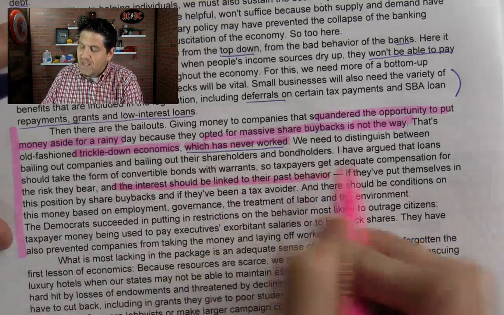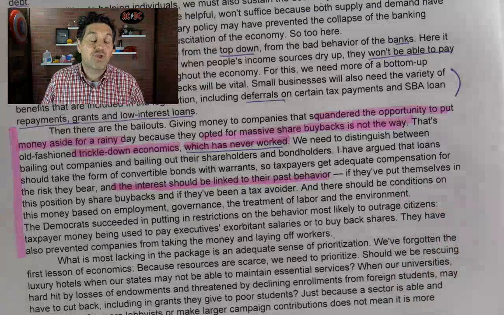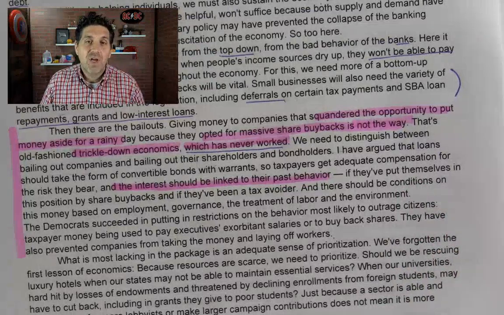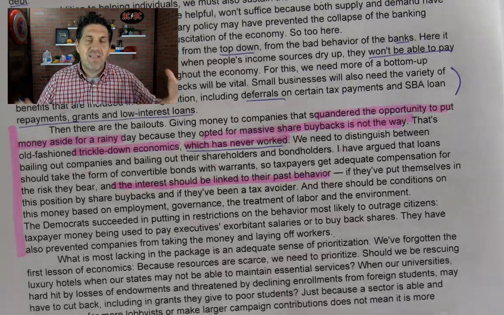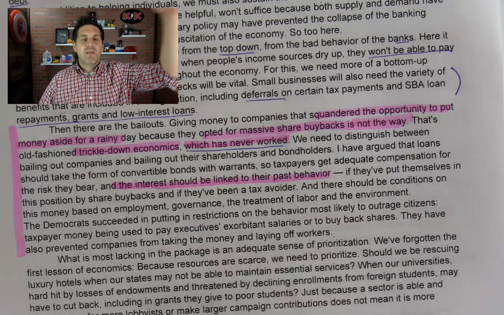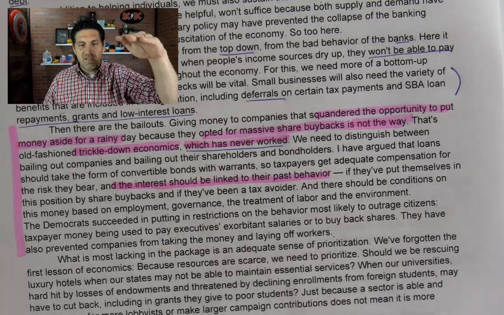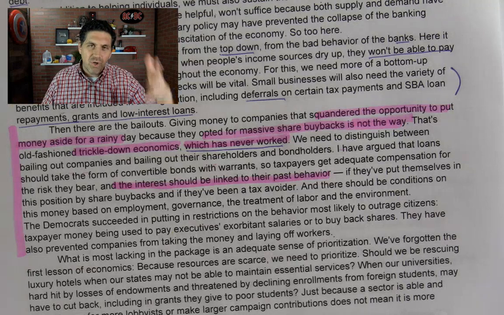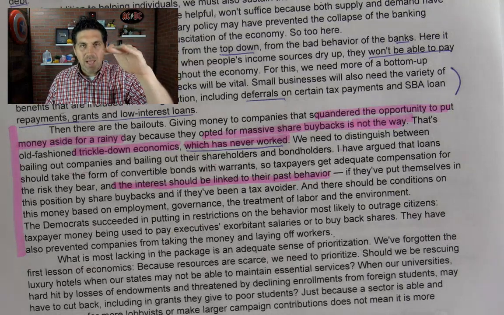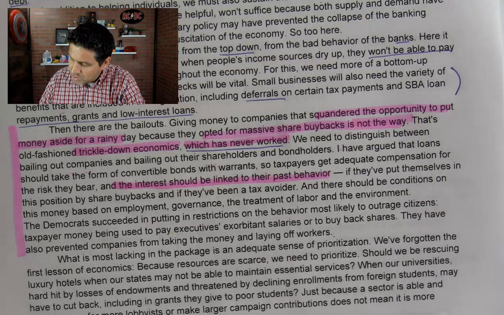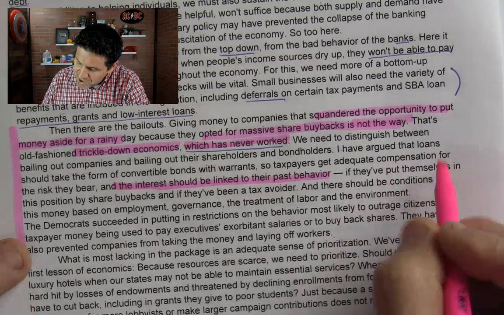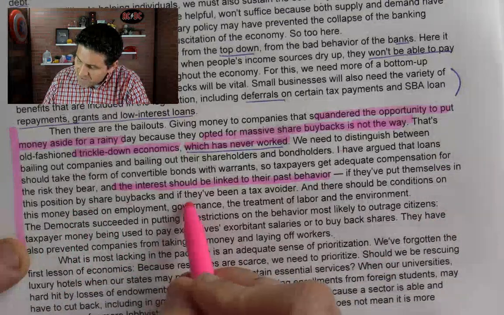Basically, he's trying to say, we should add some strings attached whenever we give a bailout so companies can't turn around, take that money, and give it to its stockholders. Money going from the government to the business to the stockholders is not what it's supposed to do. Government gives the money to a company so the company stays afloat for its workers so they can keep working. He continues, if they put themselves in a position to buy back shares and if they're a tax avoider.